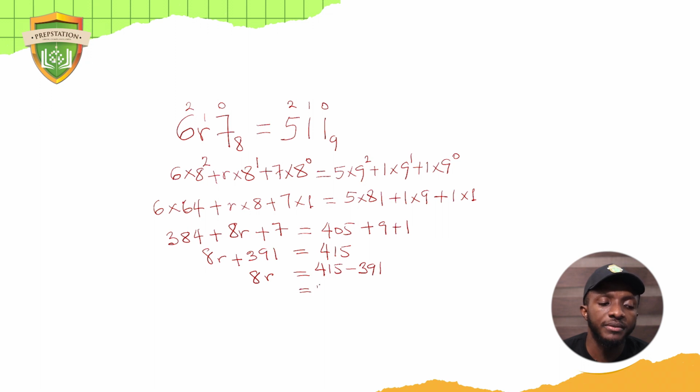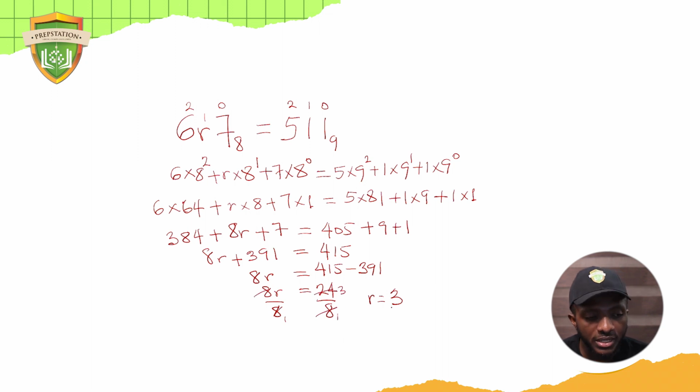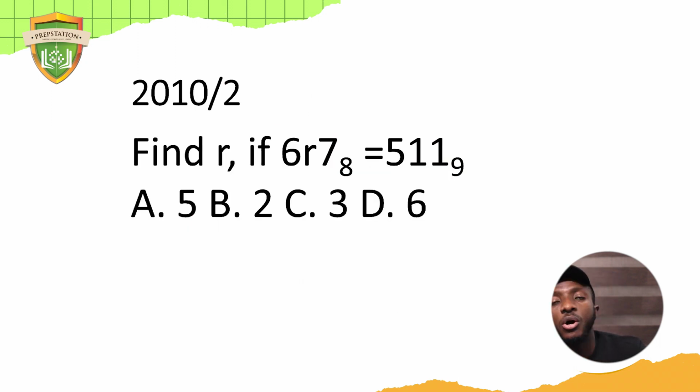So if you do that math, you get 24. So 8r is 24. If we divide both sides by 8, that will give me r is 3. So 8 in 24 is 3. So that's what you get. So r is 3. So let's go back. See the correct option? Option C, r is 3.